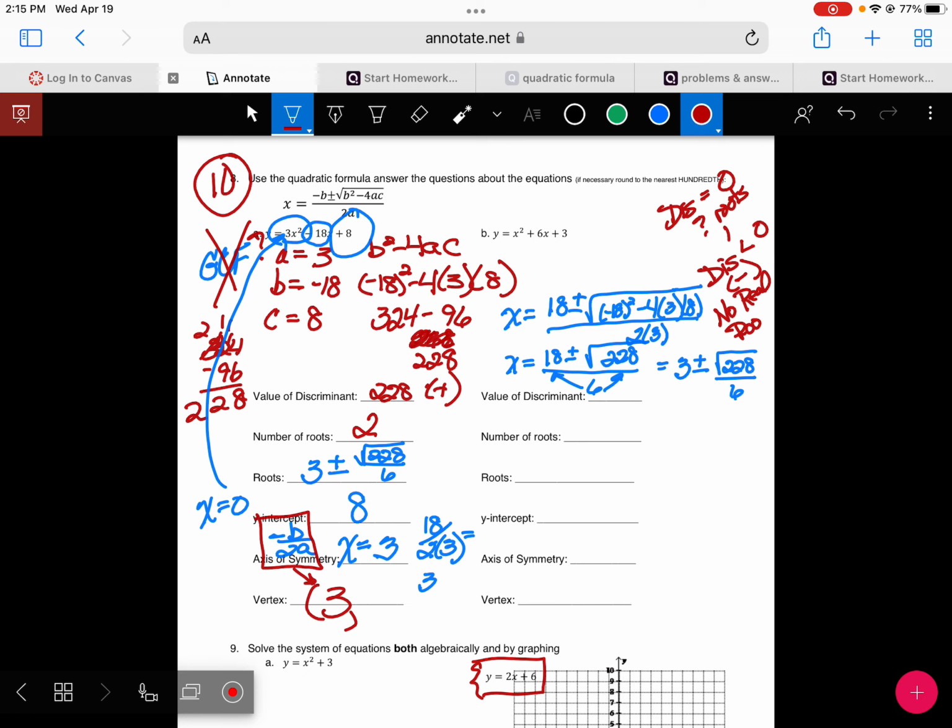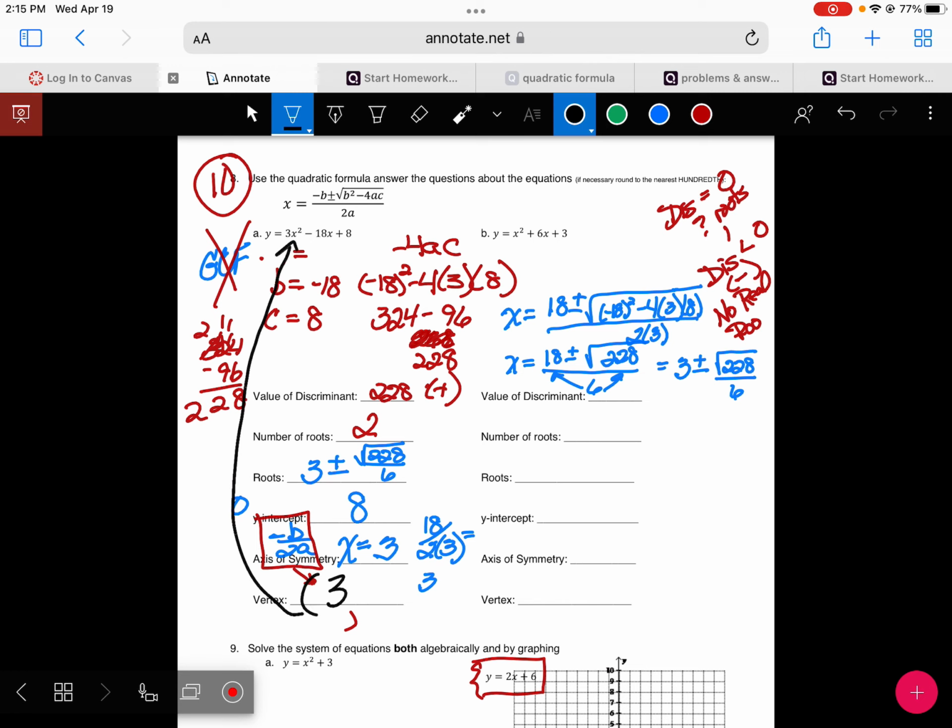Where did I get 8? Would it be 8? How did you get that? Well, the y-intercept is 8 only when x is equal to 0. So if x is equal to 3, it's probably not going to be 8. But if x is equal to 3, you need to substitute that value. I just erased it.